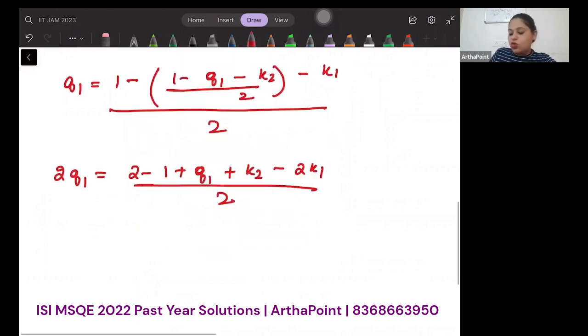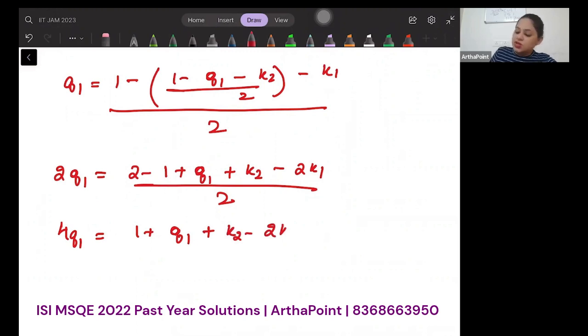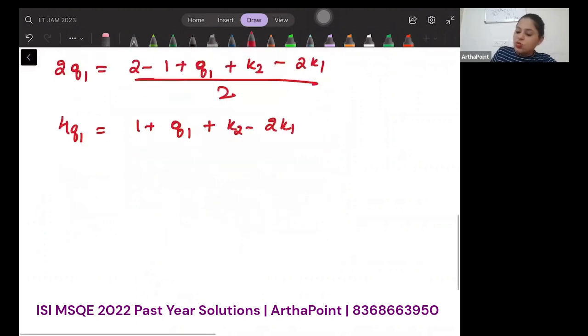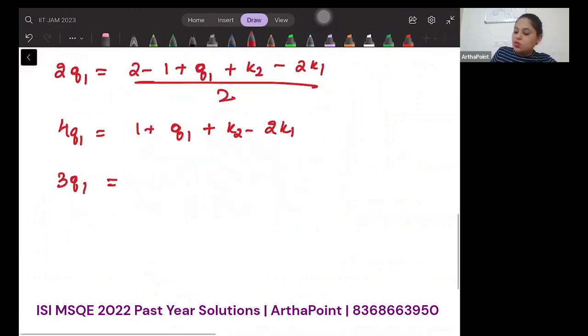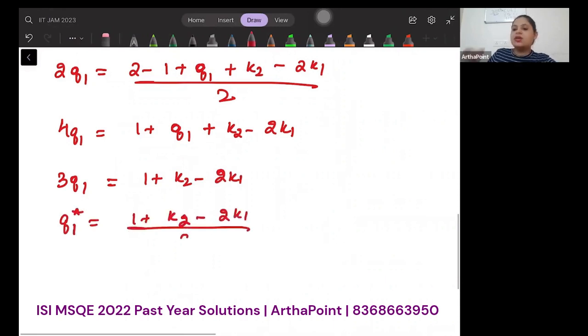So 4Q1 is equal to 1 plus Q1 plus K2 minus 2K1. So 3Q1 is equal to 1 plus K2 minus 2K1. So Q1 star is (1 plus K2 minus 2K1) by 3. This is what your Q1 star is going to be.